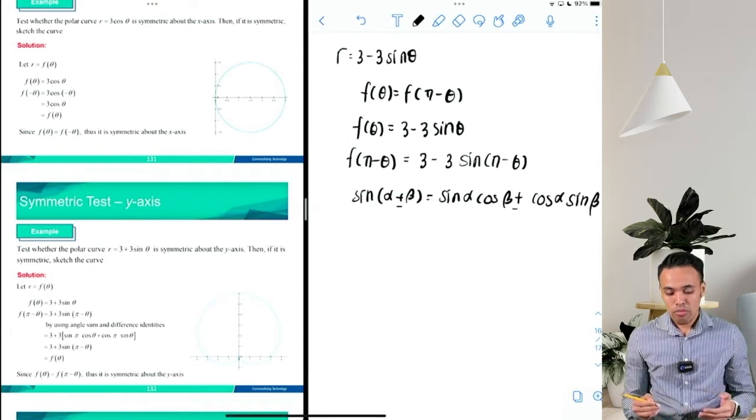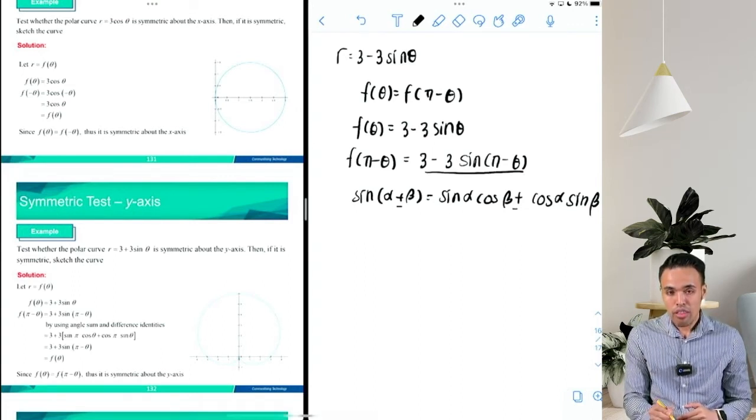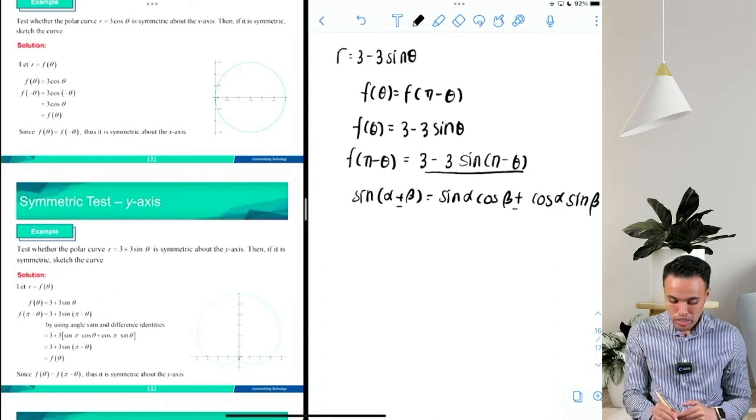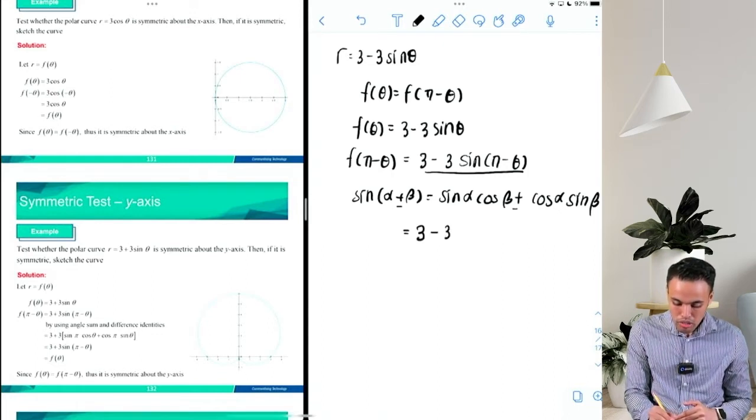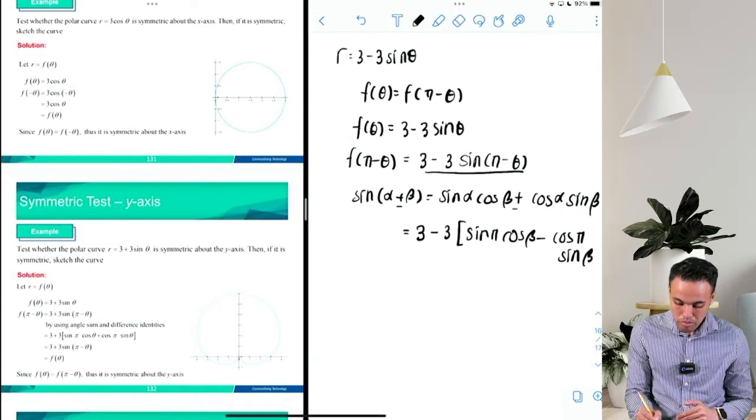So by using this formula, you have to expand whatever you have in the right way. In this case, you will get 3 minus 3 sine pi cosine beta minus cosine pi sine beta.